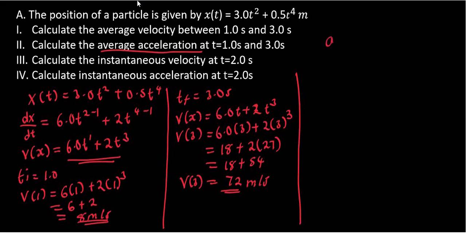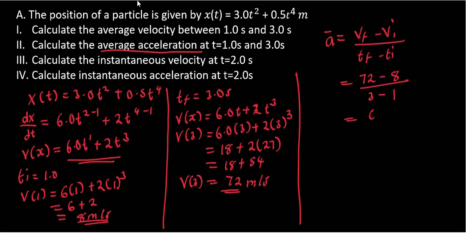Now the question says the average acceleration. Since it's average acceleration, it will be v final minus v initial over t final minus t initial. What is the velocity final? It is 72. How about the initial? 8, over time final 3 minus 1.